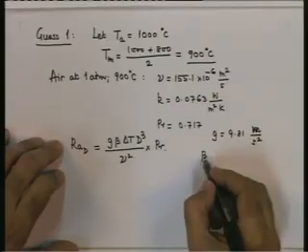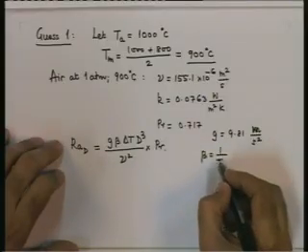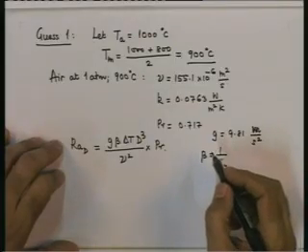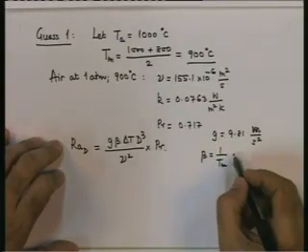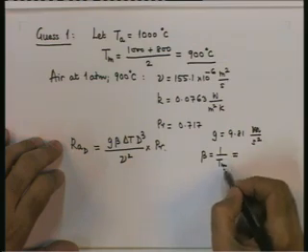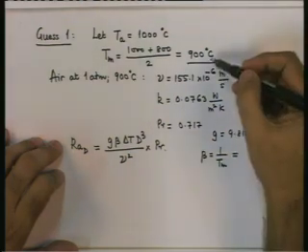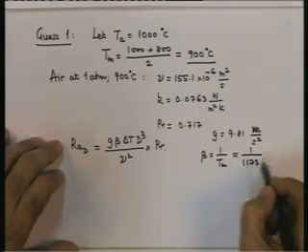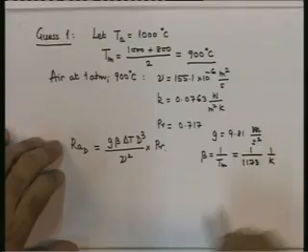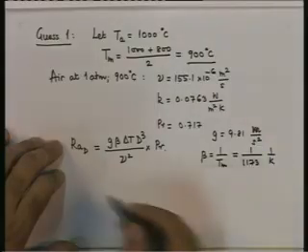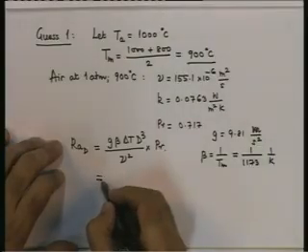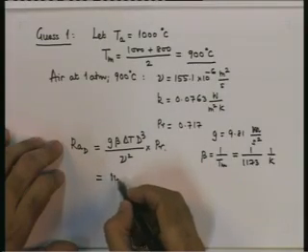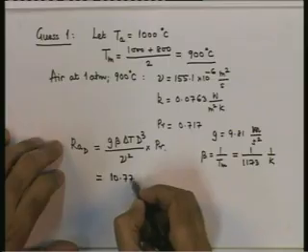Beta we'll use as 1 over Tm, assuming air to be an ideal gas, and this turns out to be Tm in Kelvin, that is 900 plus 273, 1 over 1173, 1 over Kelvin. If you substitute this here, you will get a value of Rayleigh number based on the diameter to be 10.77.